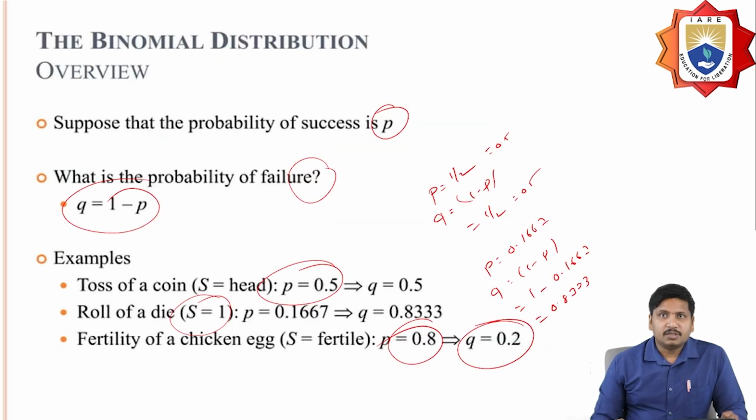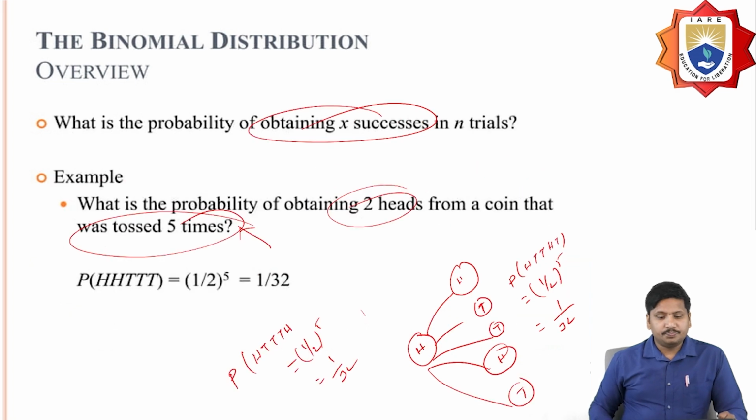The probability of success is given by p and the probability of failure is given by q equal to 1 minus p. If I toss a coin, what is the probability of getting tail? Automatically 1 minus p, so I get 0.5. Rolling a dice is another example of success and failure, and so is the fraternity of chicken eggs also.